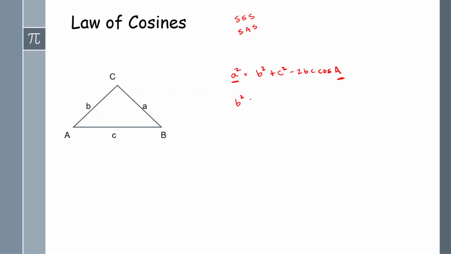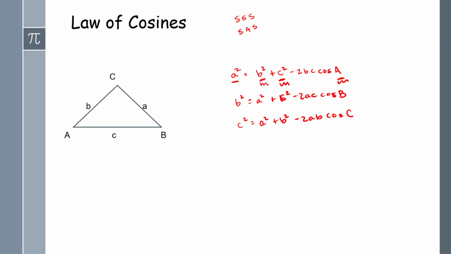And so we could rewrite this using angle B. And we could rewrite it using angle C. Okay, but this would need either all three sides known to find the missing angle, or if we know side, angle, side, then this right-hand side of the equation is fully known, and we can solve for the missing side.